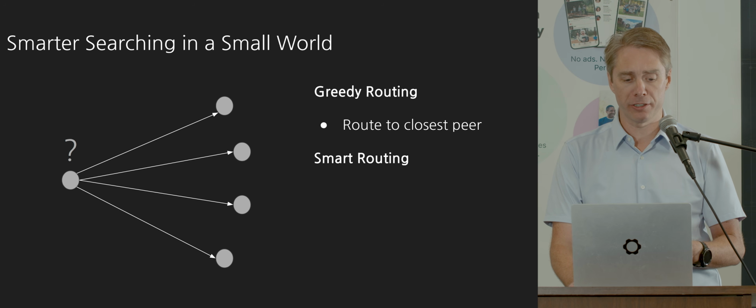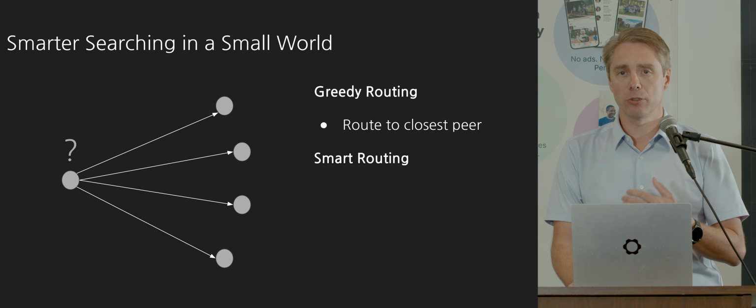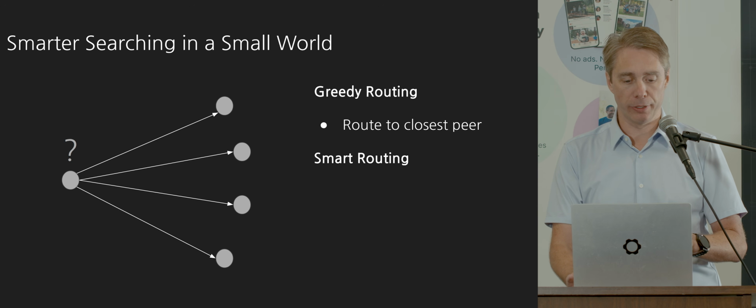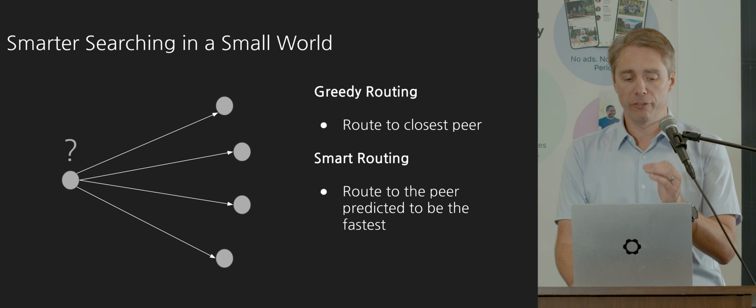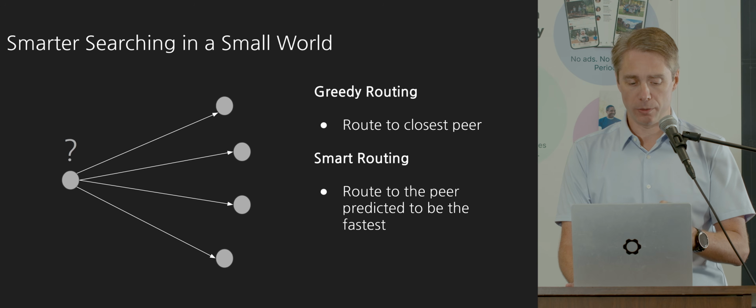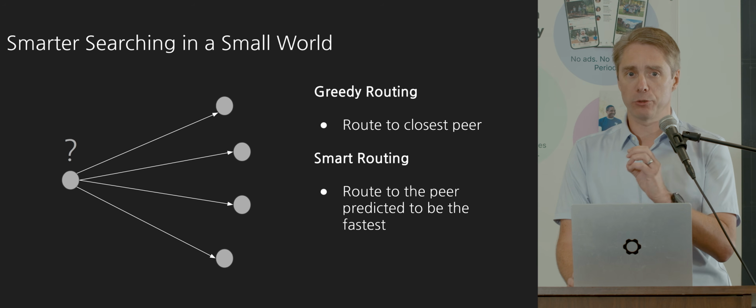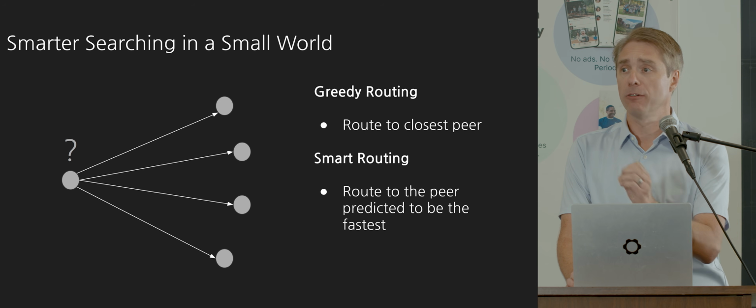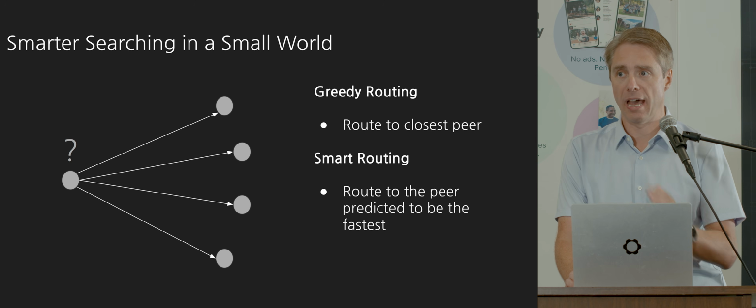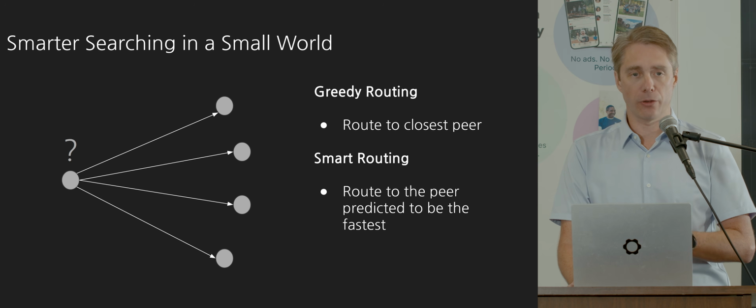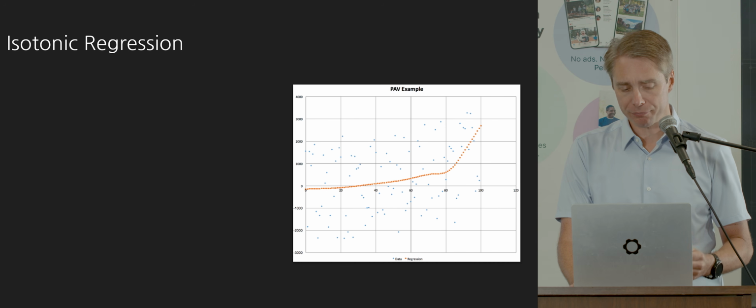But we can be smarter than that. Really the ideal routing algorithm would figure out which peer is going to respond fastest for a specific request and route there. So how do we do that?